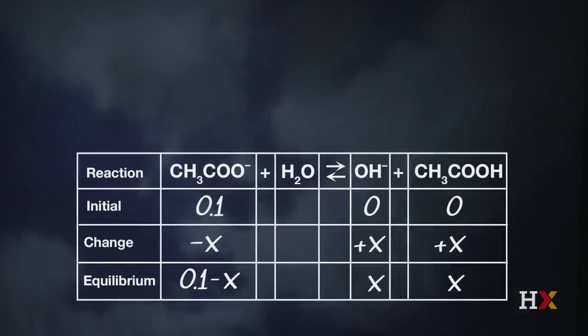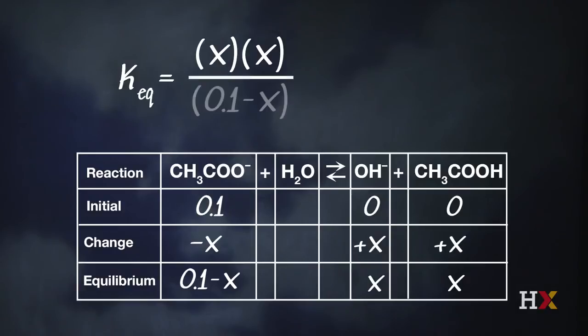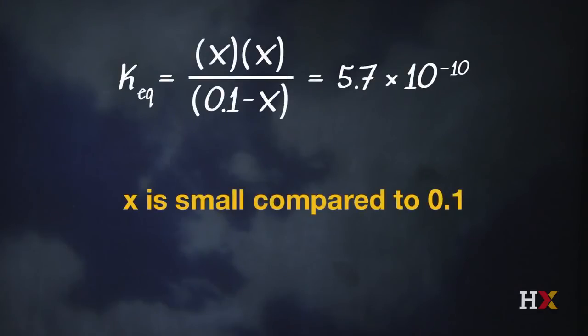So we pull up from our RICE table the fact that the equilibrium constant for this is equal to our concentrations on the right-hand side, that is OH minus and the acetic acid concentration, divided by the concentration of the acetate anion, which is 0.1 minus X. Well, when we see this and we recognize that the equilibrium constant, 5.7 times 10 to the minus 10, is small, that suggests that we use the same approximation as we did before. That is that X is small compared to 0.1.